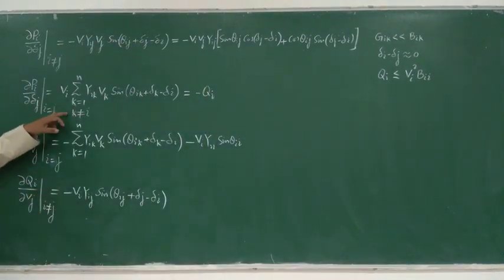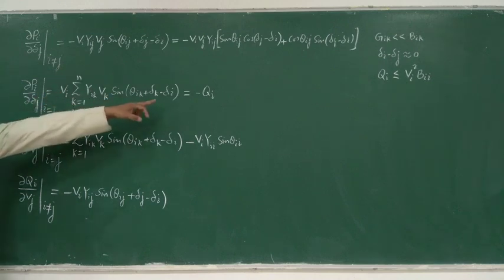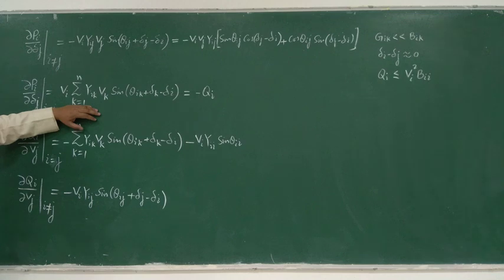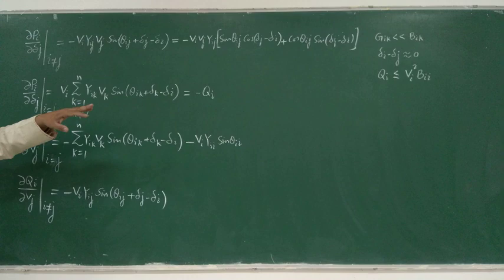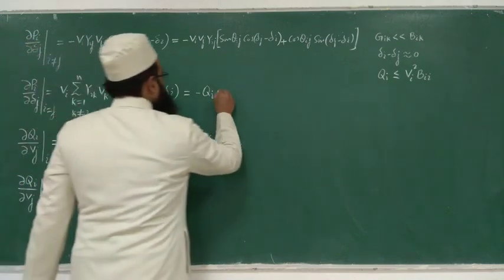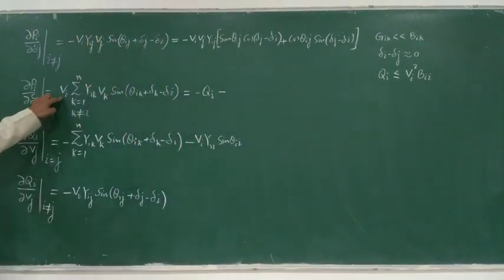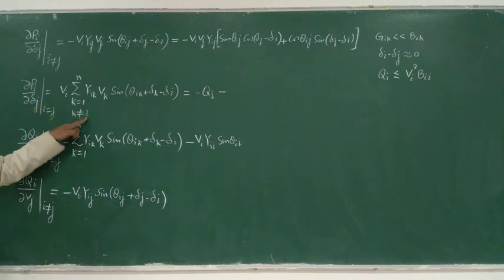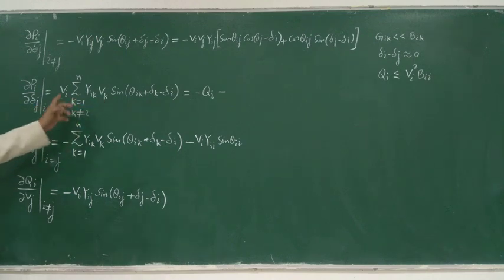If the k term is also there, that will be minus Qi. Just see, Qi is the negative of all these, so except the ith term, all terms are present. So we add this term here and subtract it. That will be minus Qi minus Vi, k is i now, so again Vi, so Vi square, and this.